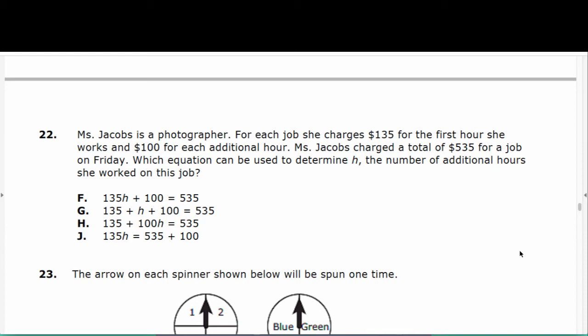F. 135H + 100 = 535. G. 135 + H + 100 = 535. H. 135 + 100H = 535. J. 135H = 535 + 100.